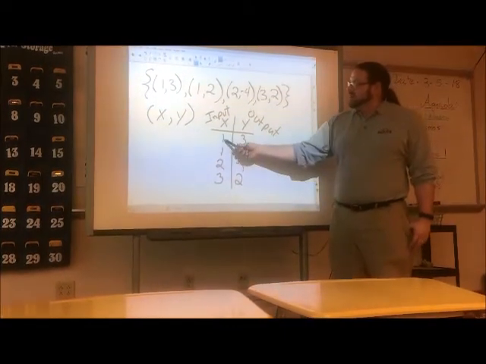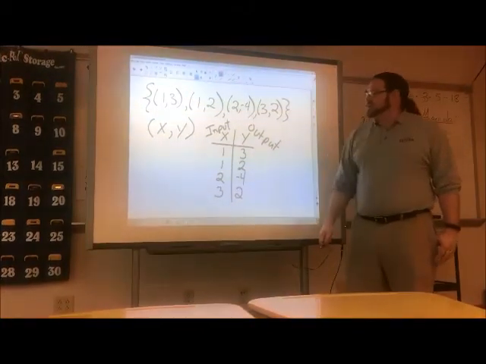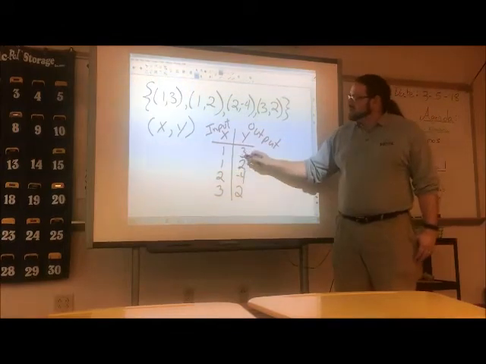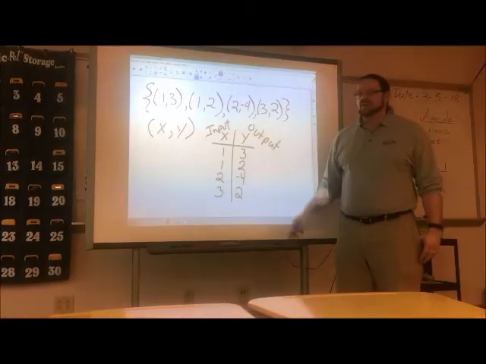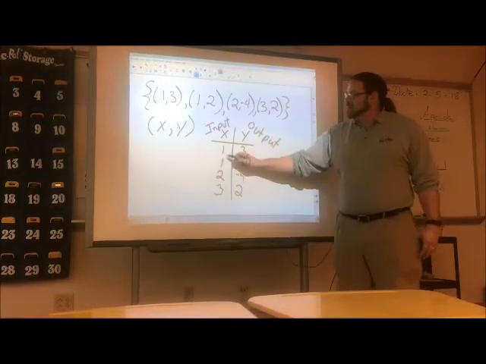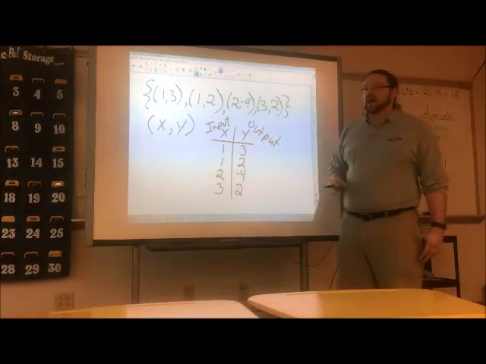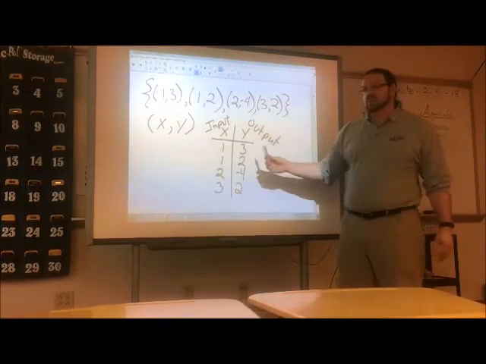So look here, I've got inputs of 1, 1, 2, 3. Well, I got 2 ones. One of those outputs goes to 3, the other one goes to 2. This input has two outputs. So therefore this would not be a function.